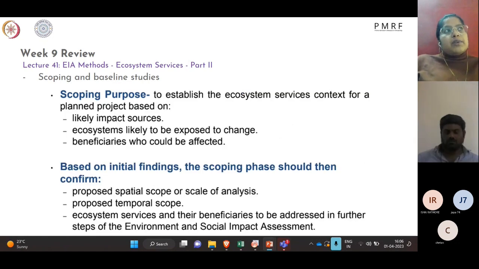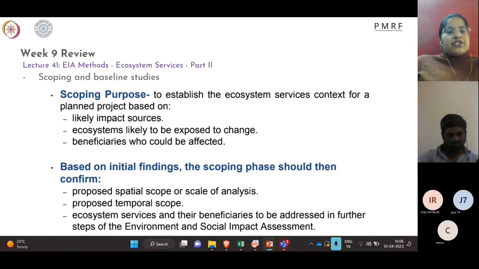And so the scoping purpose is to establish the ecosystem services context for the planned project, based on the likely impact sources and the ecosystems likely to be exposed to change. So if these ecosystems are changing because of the new project, then you need to do this ecosystem service review.